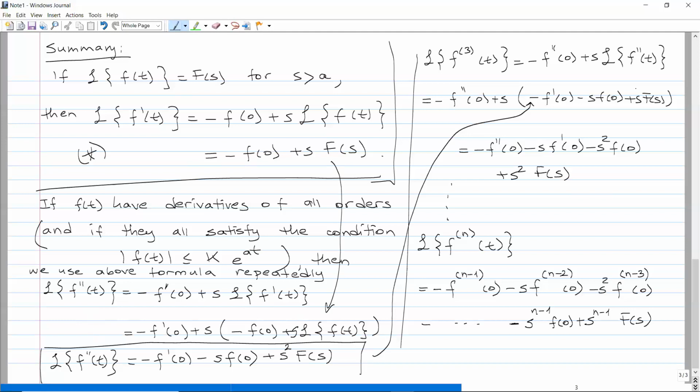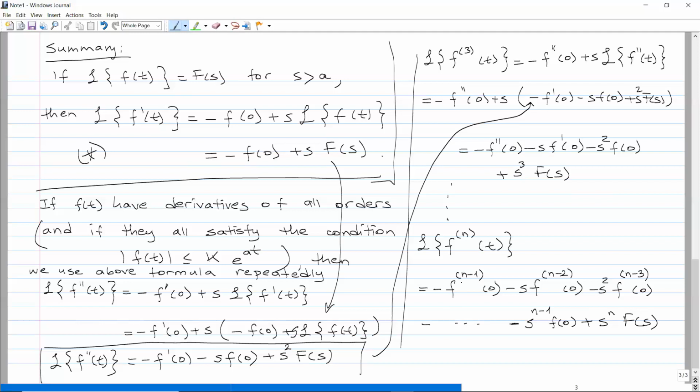So when I use the formula here, this is s squared, so this should be s cubed, so the last term should be s to the n capital F of s. We will see examples, but let me check my final result. Yes, this should be it.